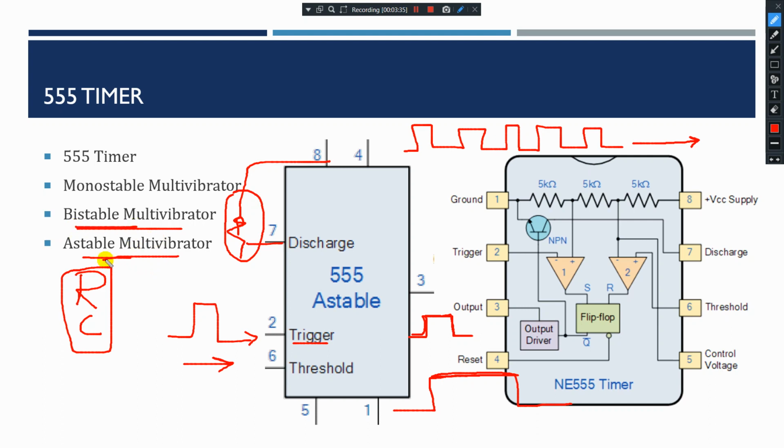So the main difference between bistable and astable is that bistable gives an output like a flip-flop, a switching action, on and off, while astable produces a particular stable, high accuracy frequency. Okay, so you understood the types of multivibrators using 555. Let us go to the next slide.